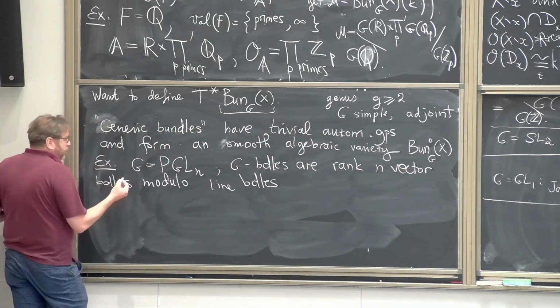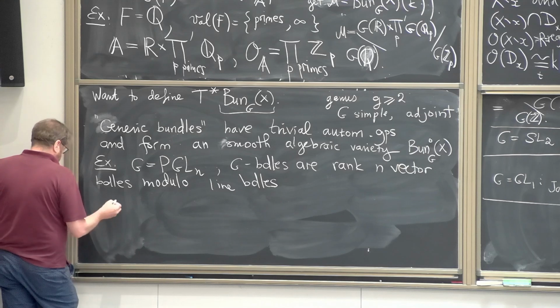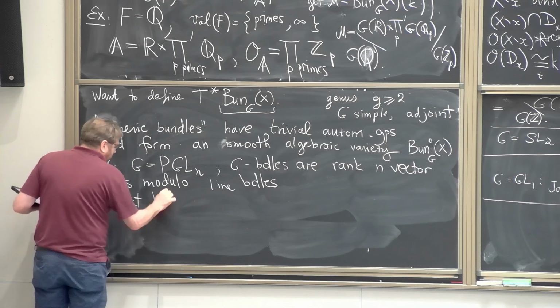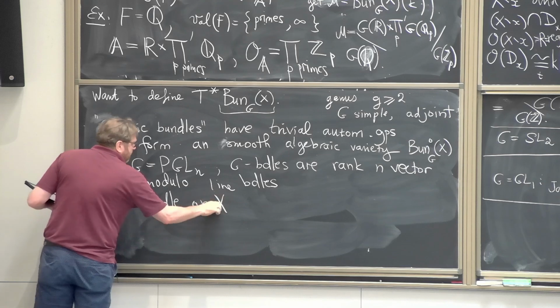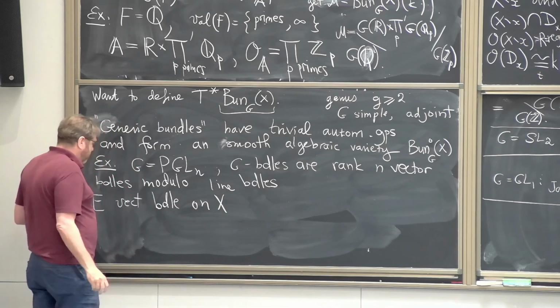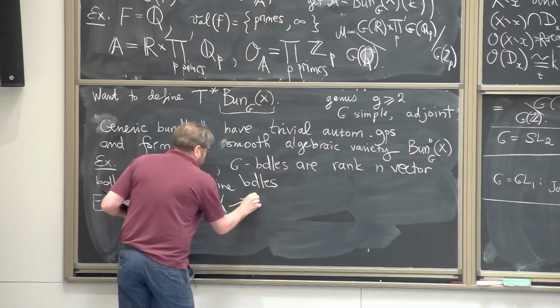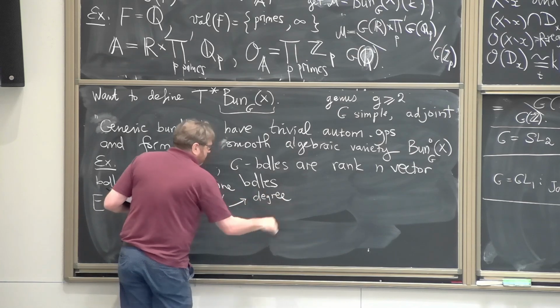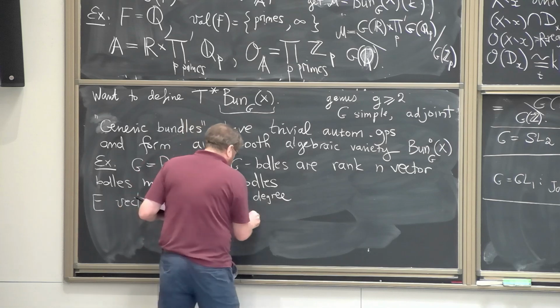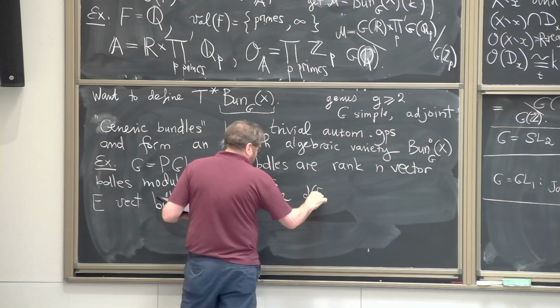So there is a notion of a slope of a vector bundle. If E is a vector bundle on X, then we have two integers that we can attach to it. One is the degree, which is the first Chern class, and this is called d(E).